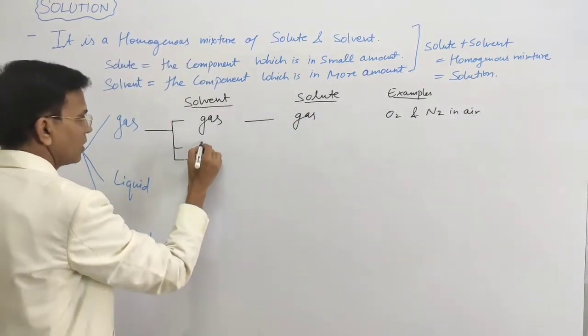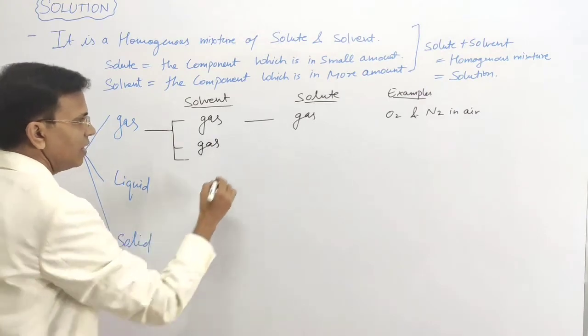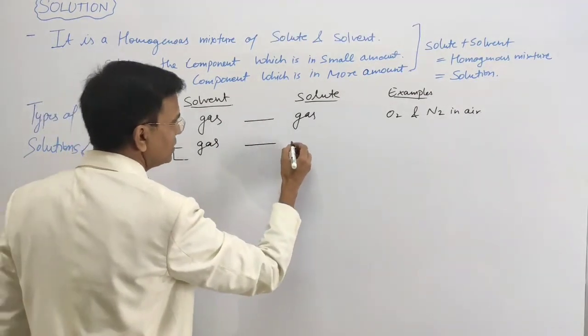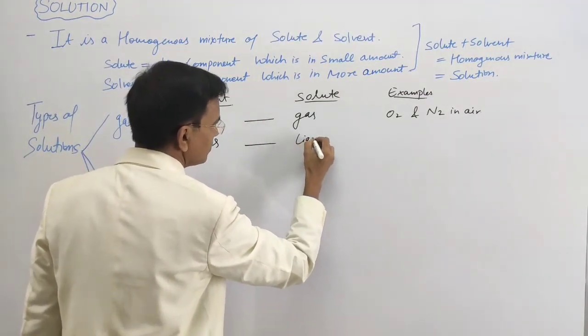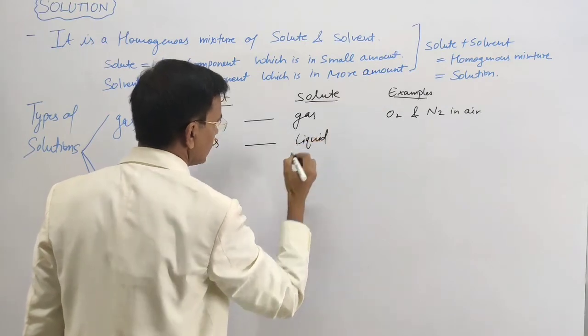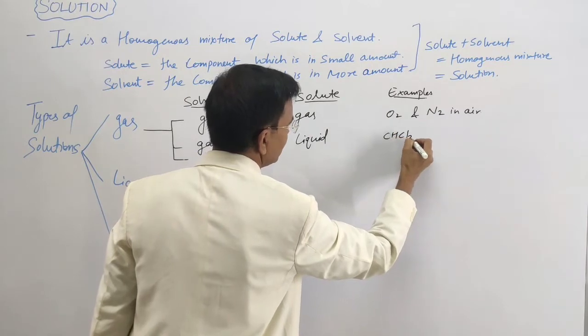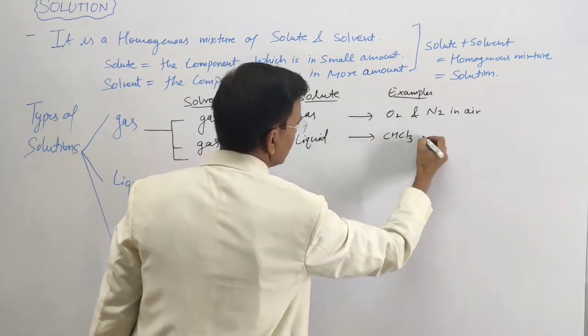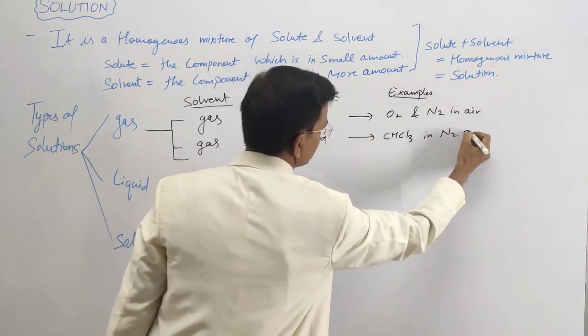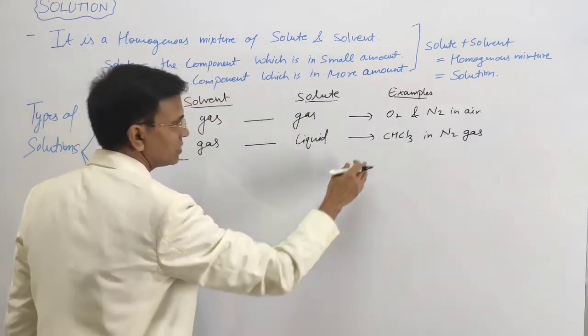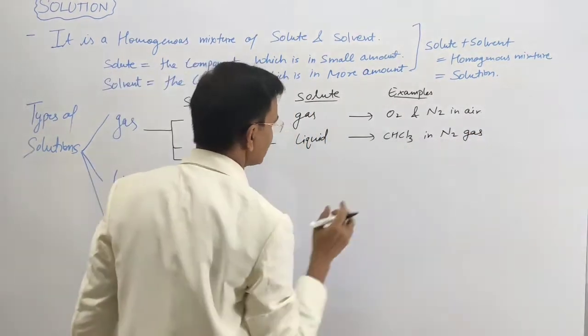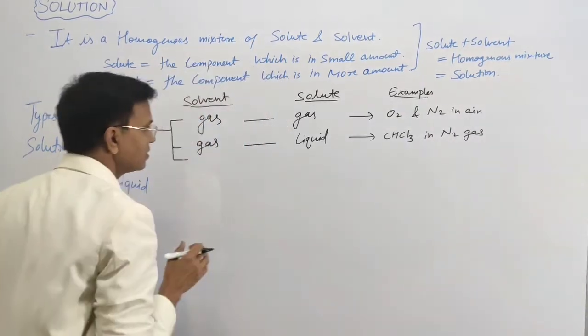Now the next, the phase is gas, right? Now the solute is liquid. For example, CHCl3 in nitrogen gas. So it is the liquid in gas mixture.